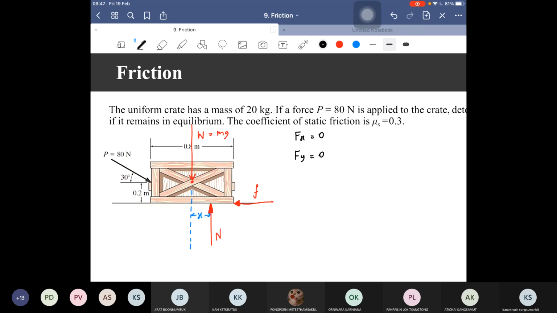And also, if necessary, you have to set the equilibrium of moment too, sigma moment equal to 0. Okay, so please determine the frictional force F and normal force N.